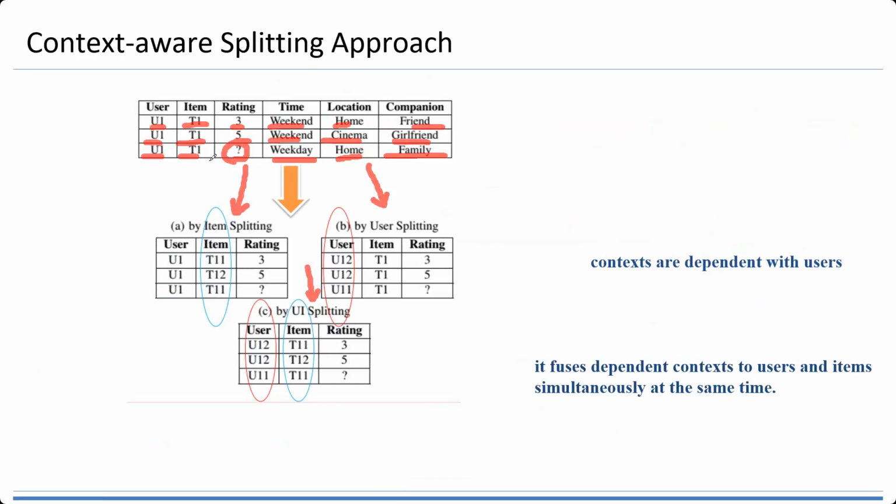So if we want to split by the item, we can split like this. So this is item T1. What is the item that we want to consider? So T11, T12 mean items that have more relevancy to the context given in the difference.